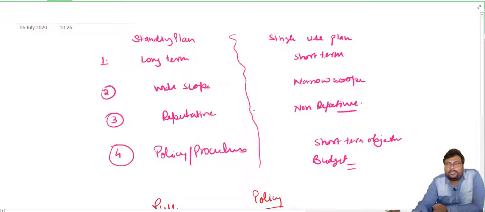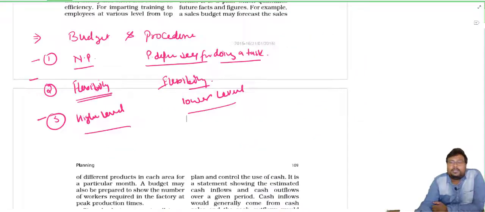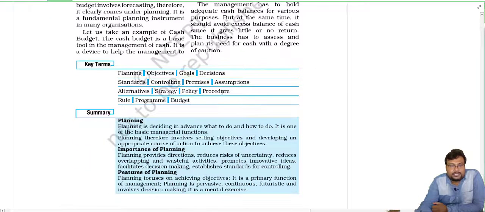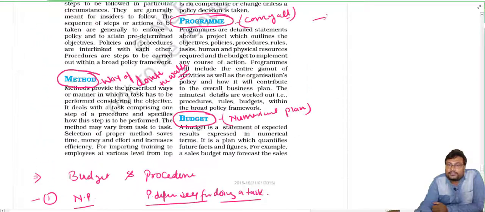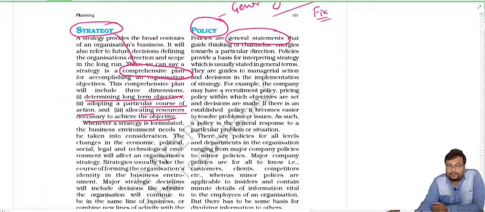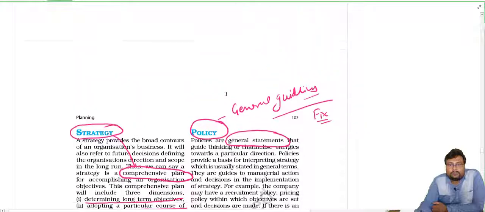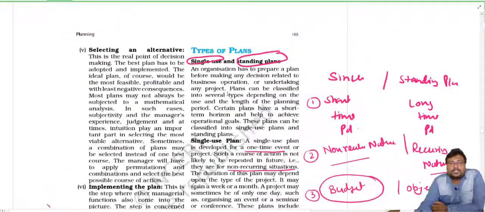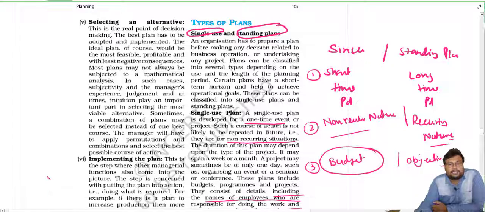Now come to the main topic. Okay, so this particular chapter is over. We will discuss the case study and MCQ related with this particular chapter. In today's topic we covered single use plan and standing plan. I hope it is clear to you.